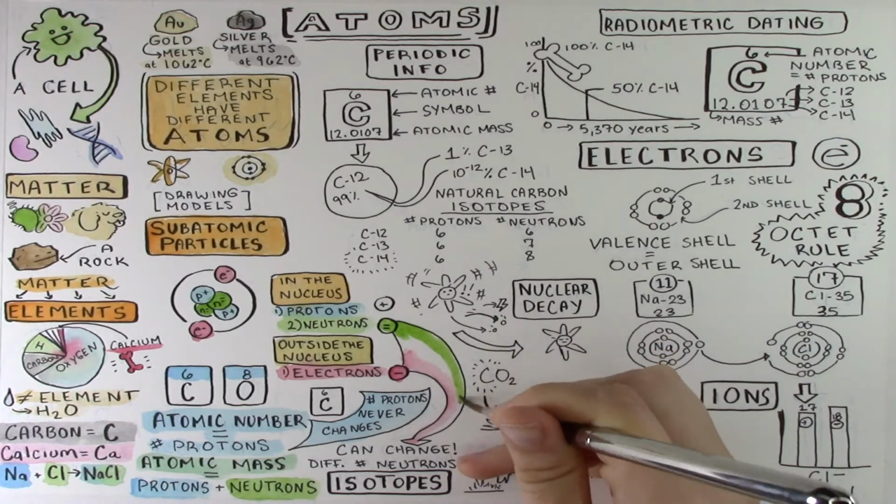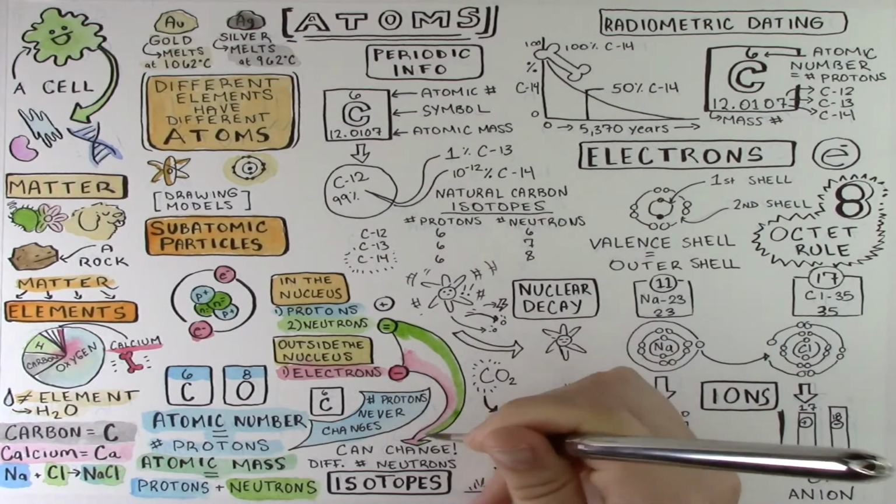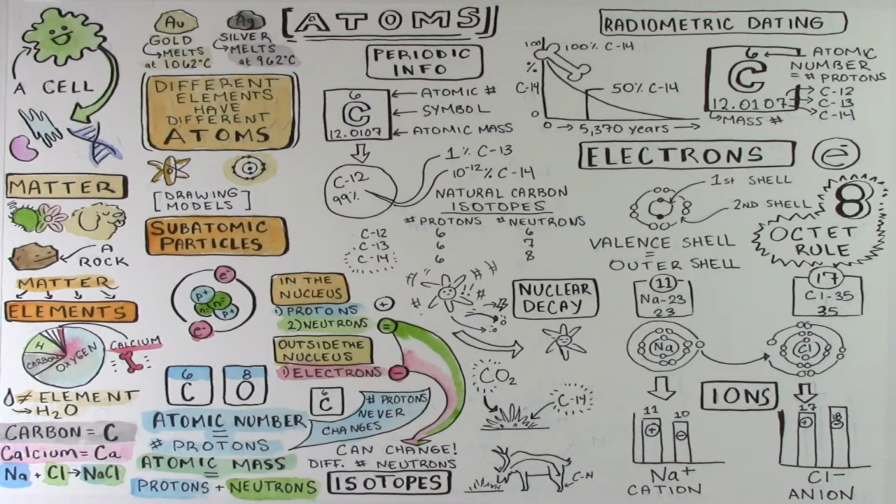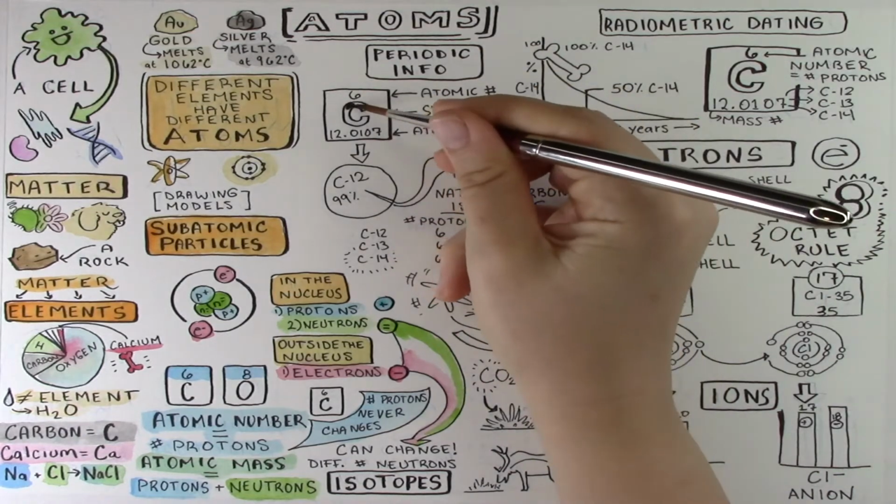Carbon always has to have 6 protons, but you can change the number of electrons and neutrons and still have a carbon atom. The first of these variations we'll make is to the number of neutrons. Elements can have atoms with varying numbers of neutrons, and these different forms are known as isotopes.